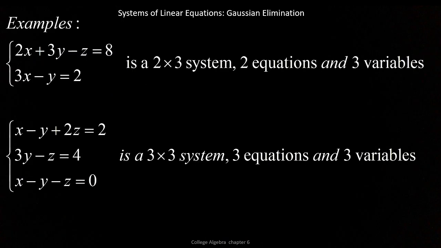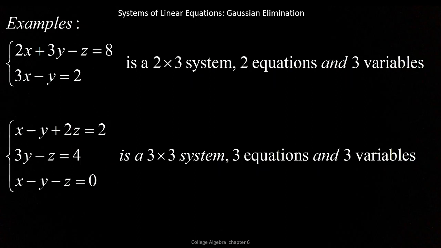And this system right here has two equations, but how many variables? 3 variables. So this is a 2 by 3 system. This system has 3 equations and 3 variables. So it's a 3 by 3 system of linear equations.